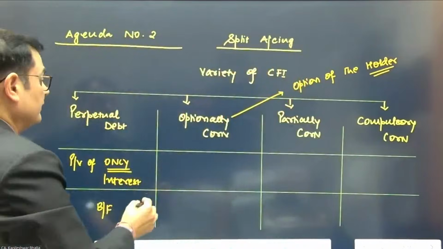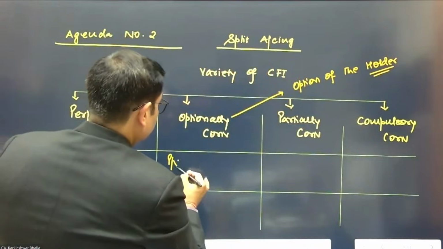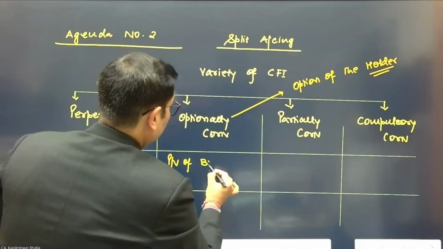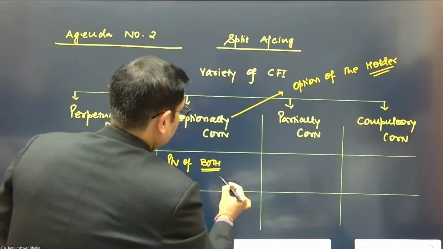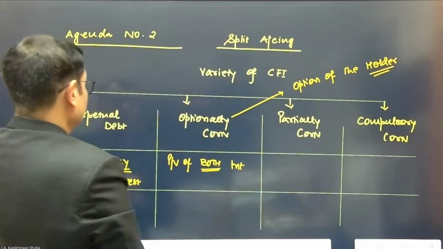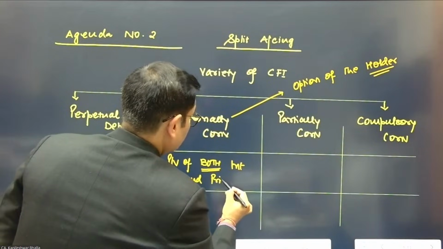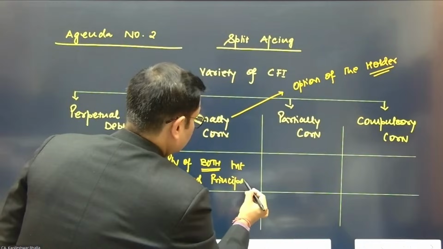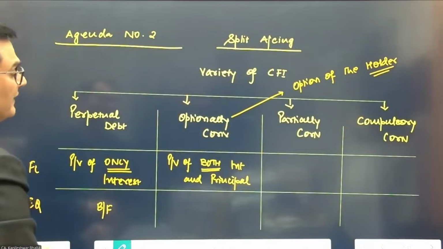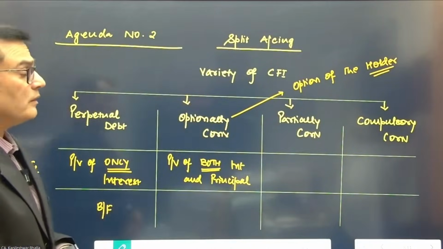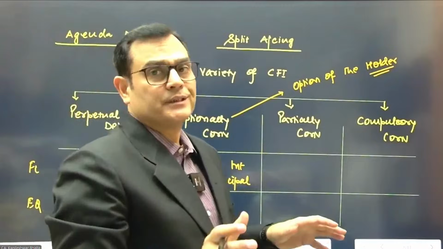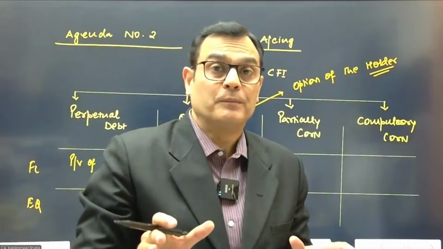So in this particular case, you'll end up taking the present value of both the interest and the principal. Because as an issuer, you've got an unavoidable obligation to pay, and you need to consider the interest and the principal both.